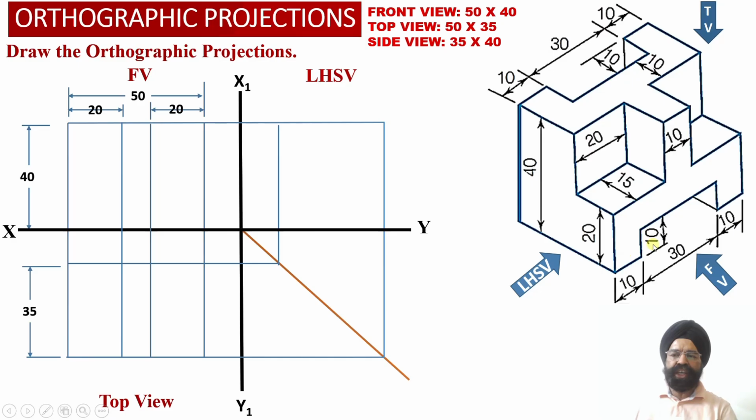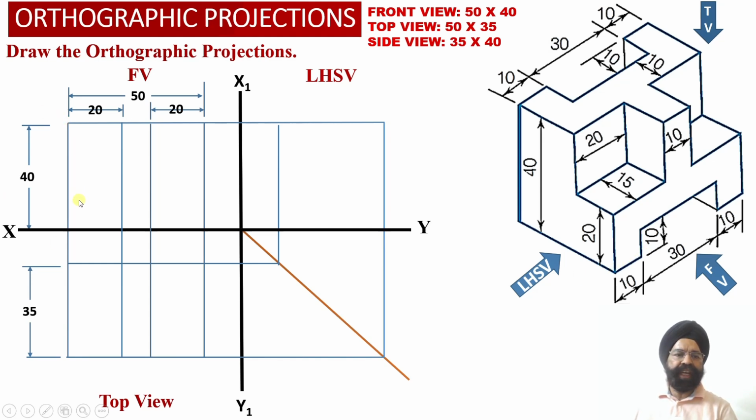Next we have these two elements, because we observe that at the base we have a rectangular slot, and the width of this vertical leg on the right hand side and this vertical leg on the left hand side is also 10 millimeter each. So now from the left hand side face of the solid, we are going to measure a distance of 10 millimeter.